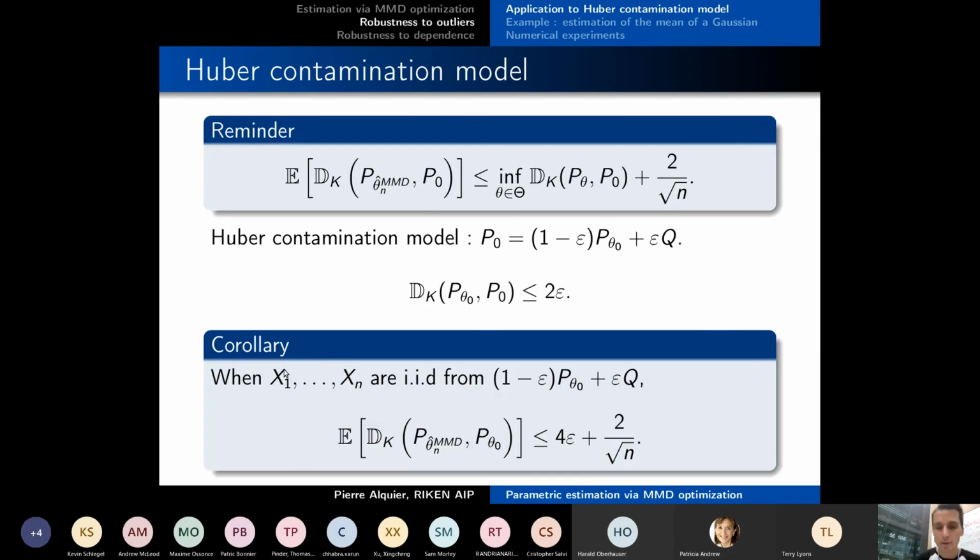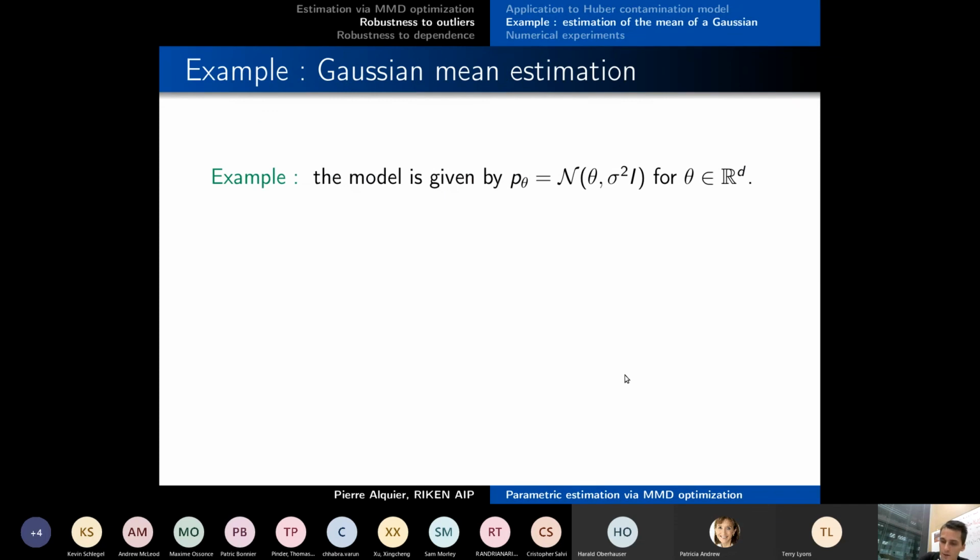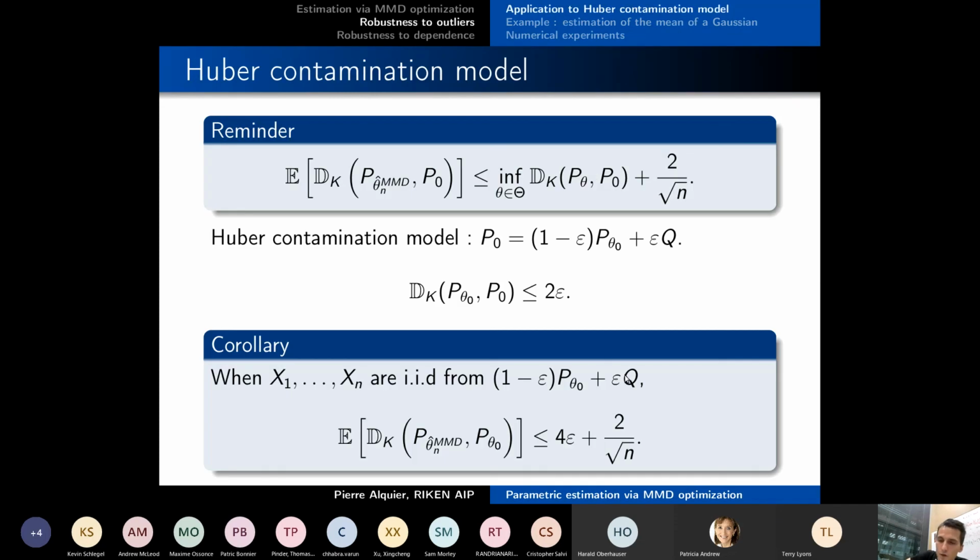If you assume that, once again, P naught is not exactly the truth, but the truth plus a contamination, where the level of contamination is epsilon, that is, the probability that a given sample is not drawn from P theta naught but from the contamination is epsilon, then the expected distance between the MMD estimator and P theta naught is smaller than the rate 2 over square root of n plus 4 epsilon.